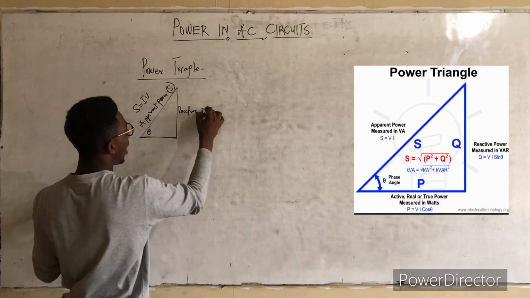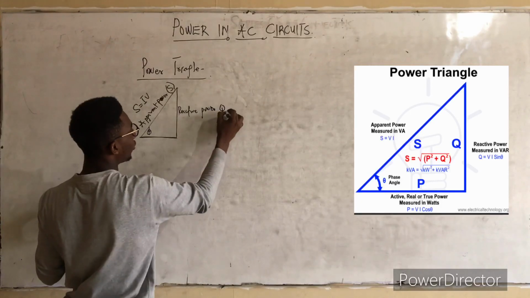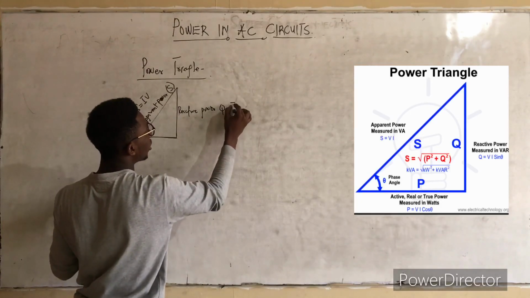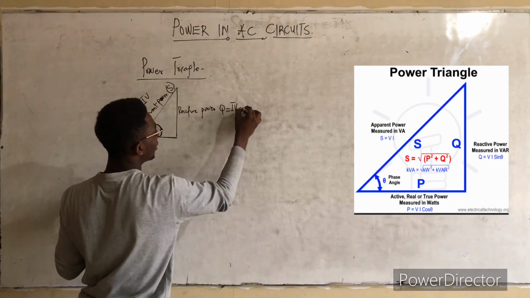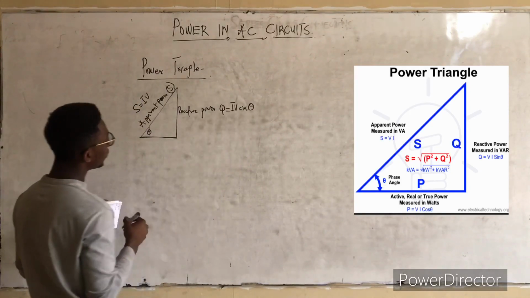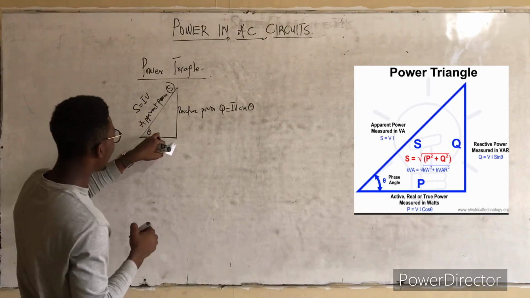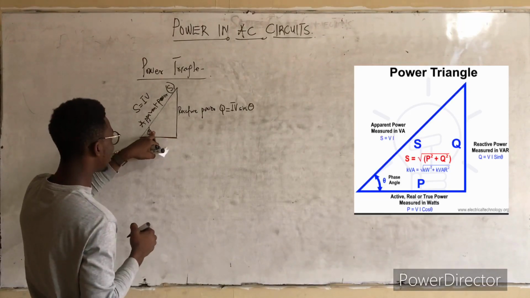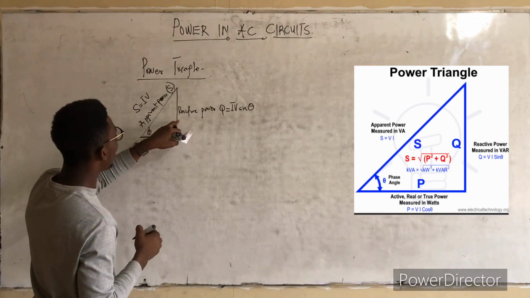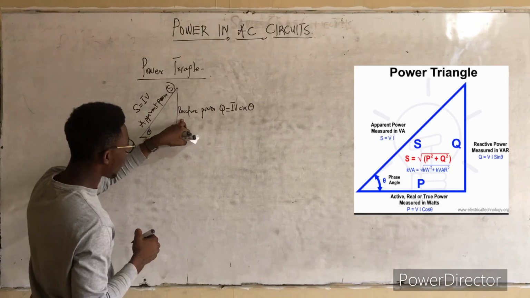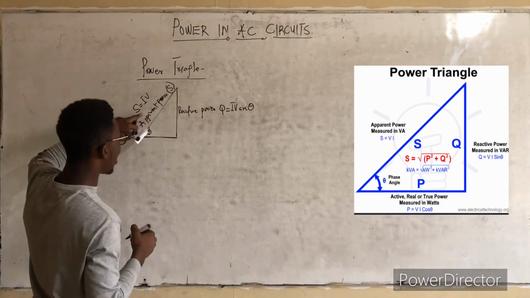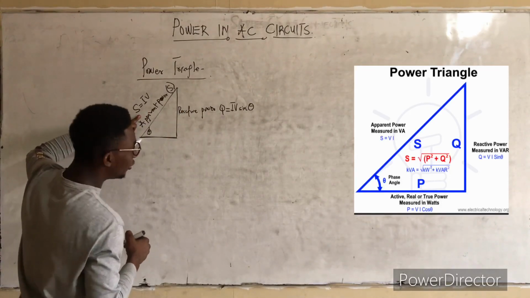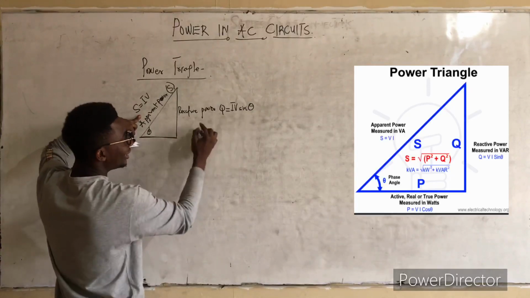The reactive power is denoted by the symbol Q, which is equal to IV sine theta. If you want to find theta, sine of theta is opposite, that is Q, divided by the hypotenuse.